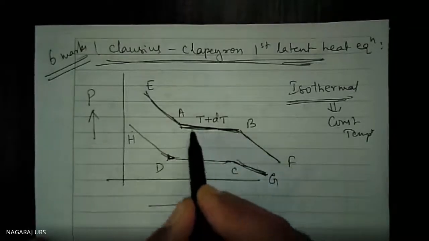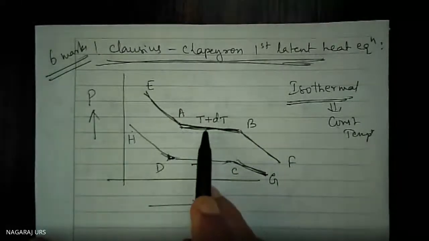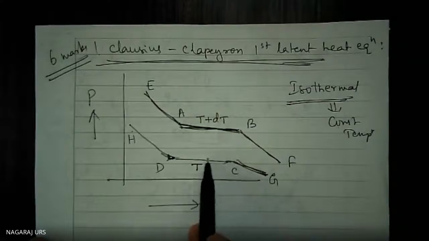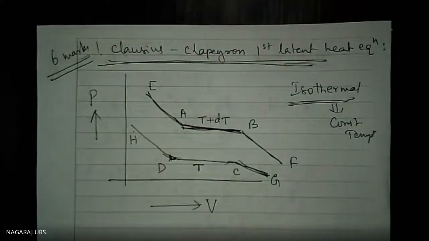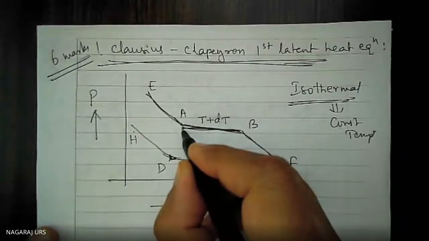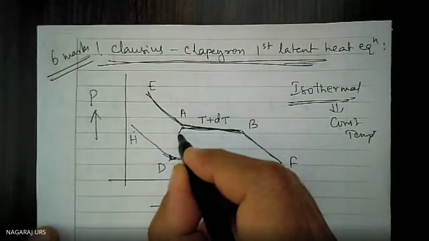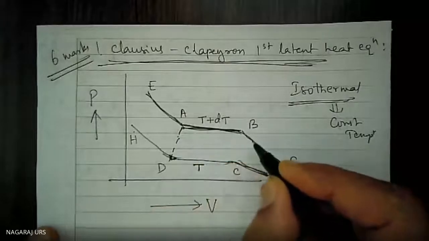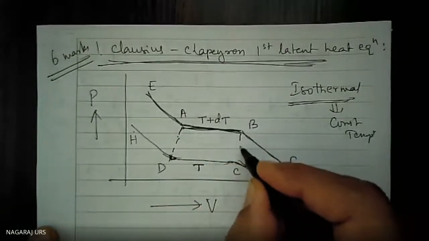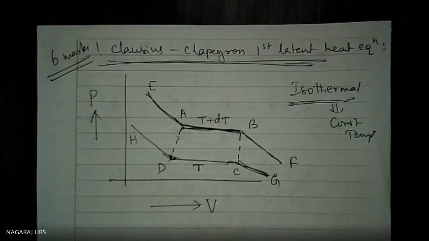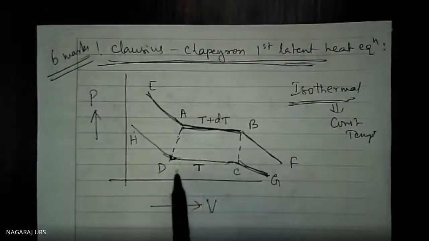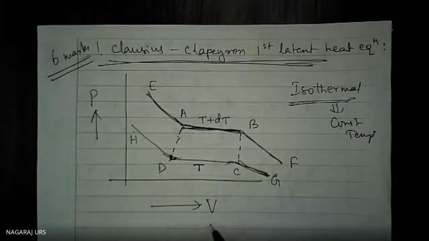FBAE is at a constant temperature of T plus dT, and GCDH is at a constant temperature of T. Now I will join from point A to point D, and point B to point C also. ABCD is a reversible Carnot cycle.